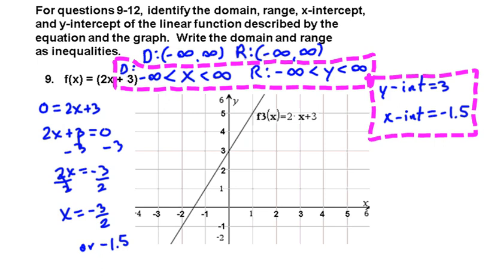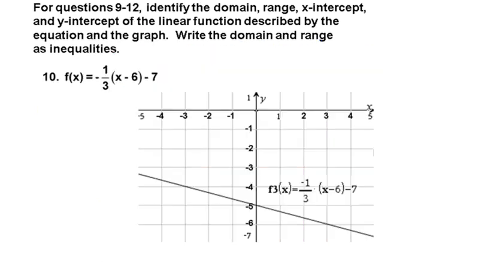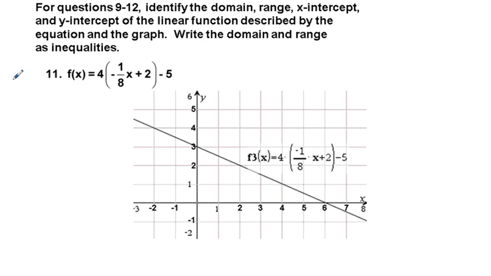Okay, let's go on to problem number 11. Let's see. Our domain is going to be the same as we had for problem 9 because we have a linear function. There are no restrictions to its domain.